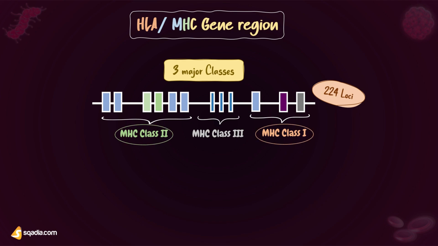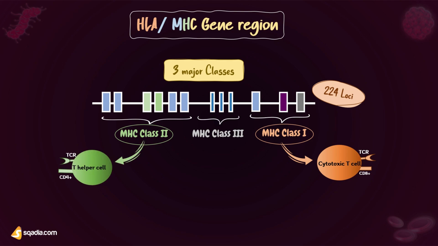The protein products of Class I and Class II play a vital role in the immune system. And we know they are mainly involved in antigen presentation, where Class I MHC genes encode molecules that present antigen to CD8 plus T cells, and Class II MHC genes encode molecules that present antigen to CD4 plus T cells.